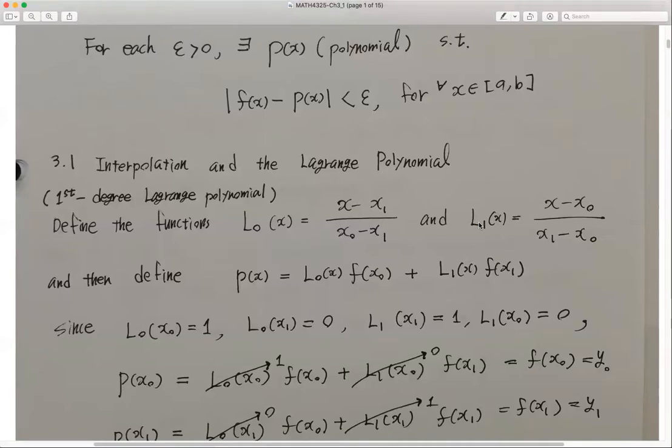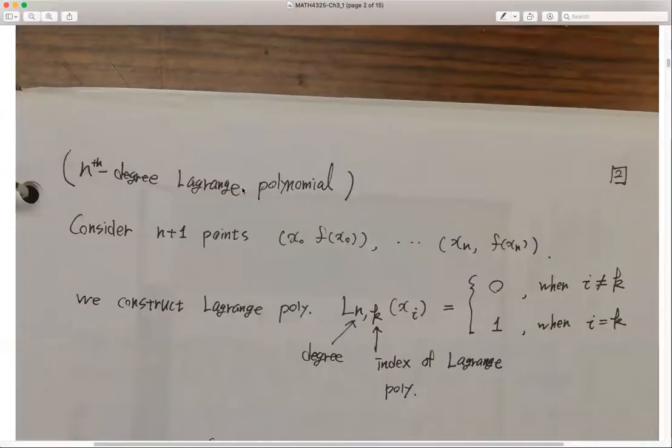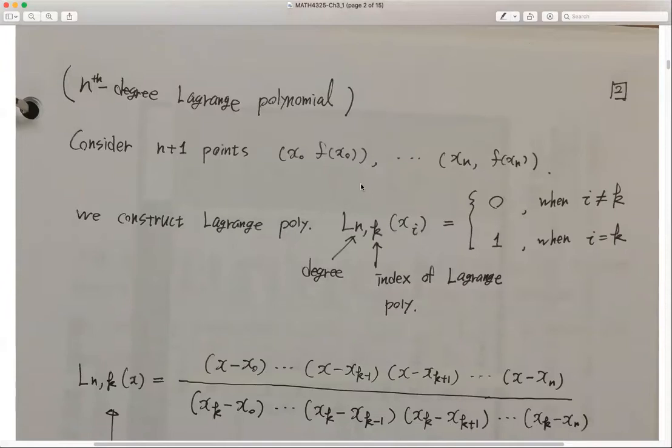To construct the degree 1 Lagrange polynomial, we need two data points, and we get two Lagrange polynomials. For the nth degree Lagrange polynomial, we need n plus 1 nodes, and we get n plus 1 Lagrange polynomials. Keep this in mind.